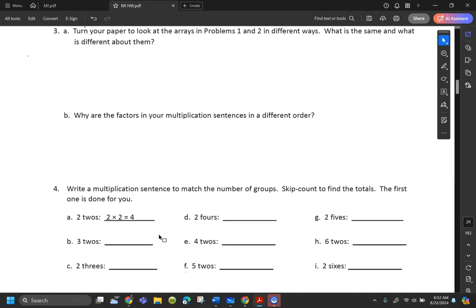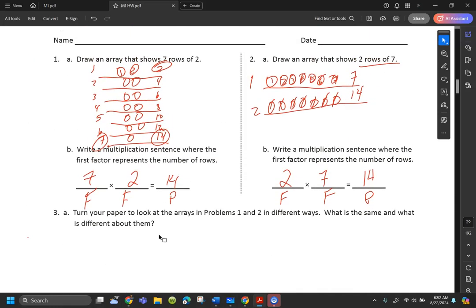Turn your paper to look at the arrays in problem 1 and 2 in different ways. What is the same and what is different about them?